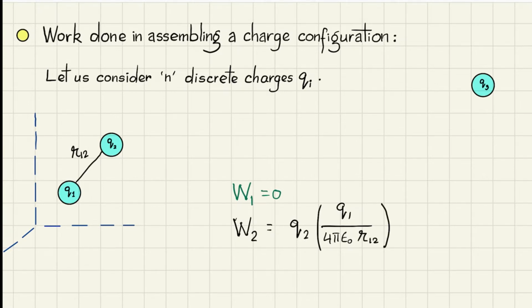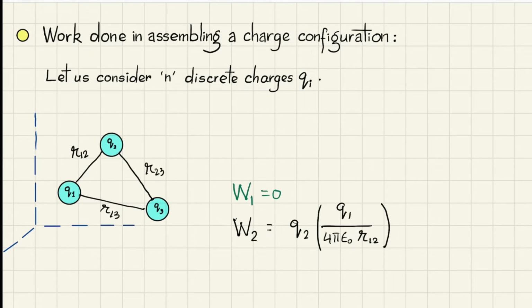Now let me do the third one. Let's take the third one and put it at the appointed place, let's say here. Okay, and I fix it there. Then the distance between Q1 and Q3 is R13, and between Q2 and Q3 is of course R23.